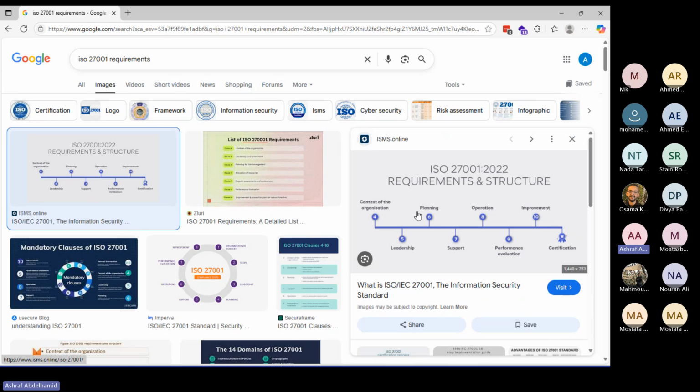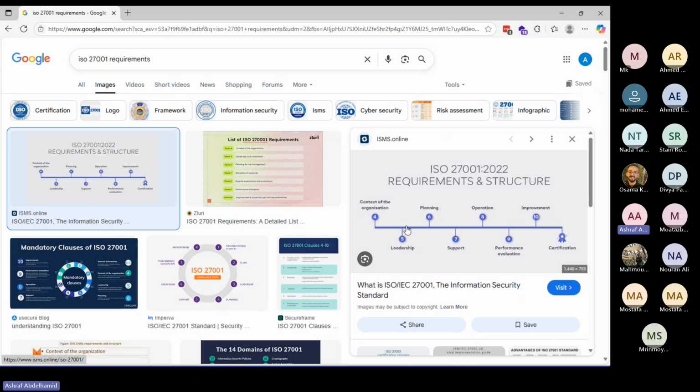As I was saying, it follows the continuous improvement cycle: plan, do, check, act. It starts with the planning, then do, which is conducting the plan, and then check, which is the performance evaluation and the internal audit, and then act based on that, to continuously improve. The first requirements start with the context of the organization.